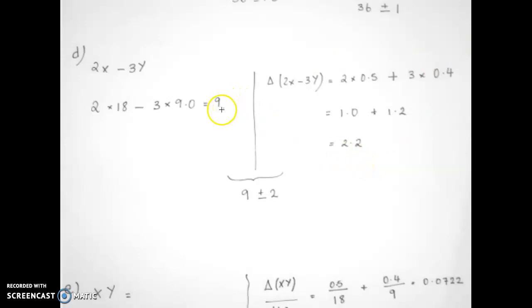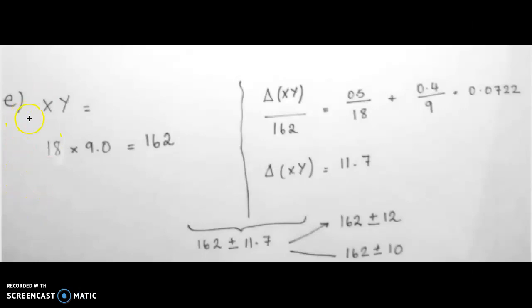And why is 9 in one significant figure? Because 18 has no decimal places and we should stick to the smallest amount. So our final answer is 9 plus or minus 2, but to be honest, if you wrote 9.0 plus or minus 2.2, that is okay as well.